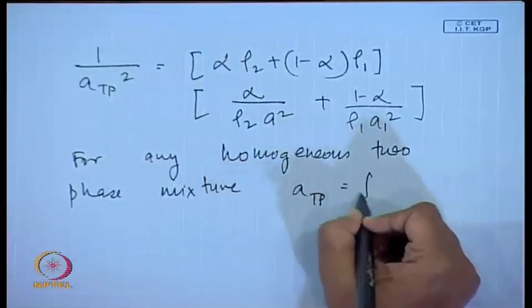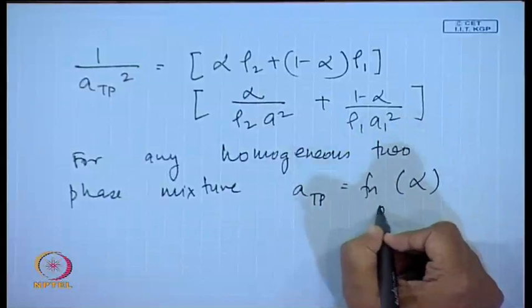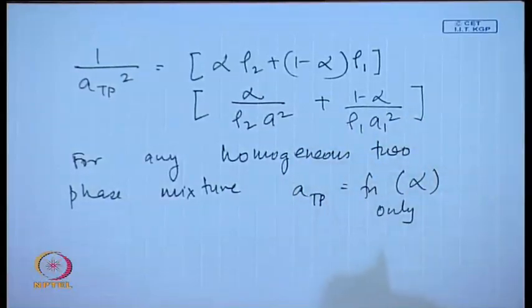A T p is a function of alpha only. Therefore, if we change alpha under homogeneous flow condition, my two phase sound velocity is going to change, number 1. Number 2, this shows that unlike single phase flow, your acoustic velocity for two phase flow condition is not a constant, it is a function of composition.